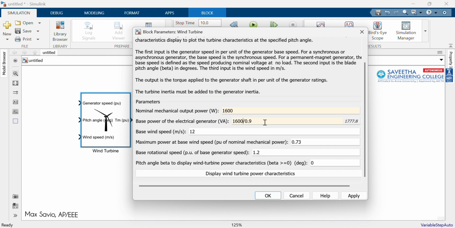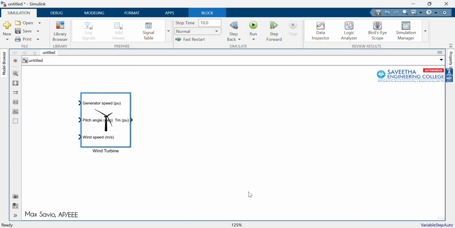So per unit is 0.9, so the base power becomes 1600 divided by 0.9. The wind speed is 12 meters per second, which I'm not changing, and the rest of these parameters remain the same. We are just changing the power to our requirement. If you need a different power requirement, you can change that. Okay, so the next one would be the generator.